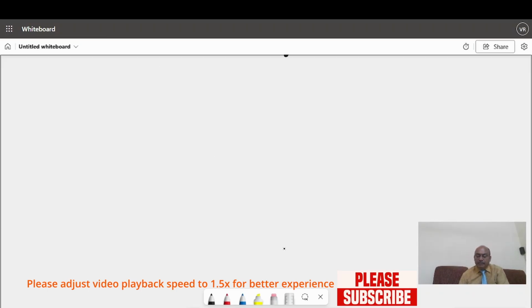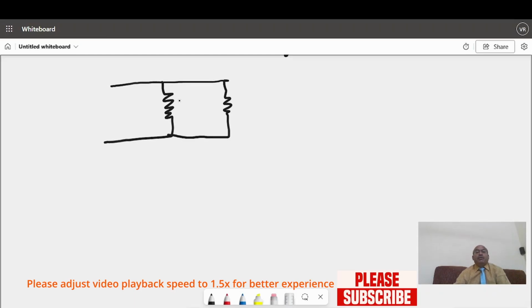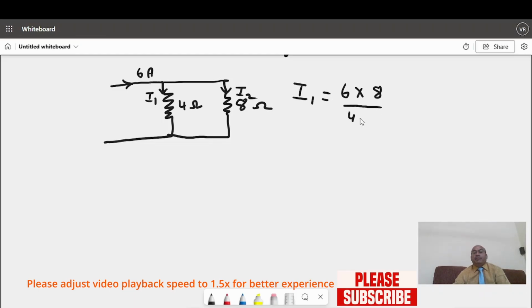For our understanding, I am going to give a simple problem. This is a parallel circuit. This is 4 ohms. This is 8 ohms. The total current flowing is 6 amperes. What is the current I1? What is the current I2? According to our formula, I1 is equal to 6 into 8 by 4 plus 8, which is 4 amperes.